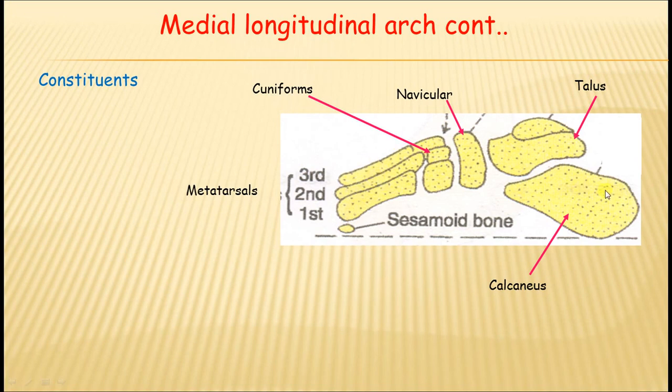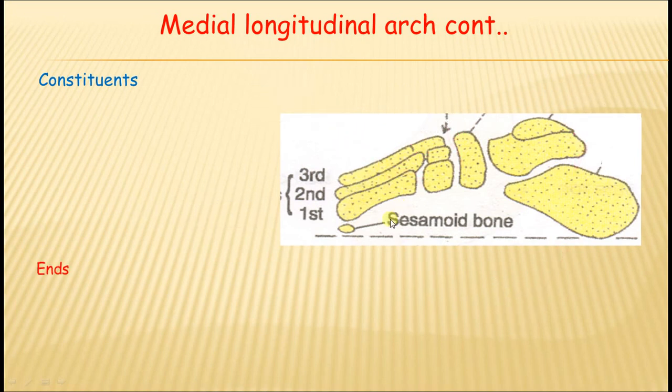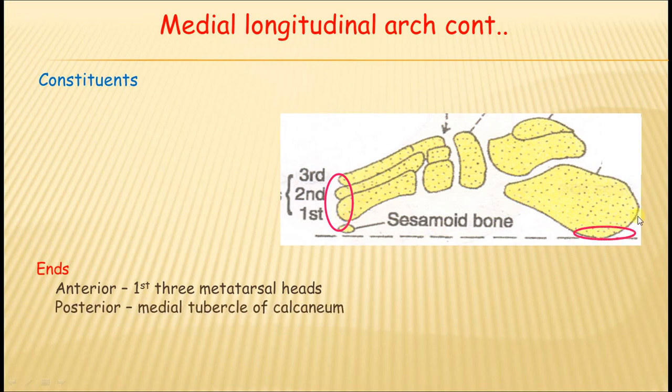So the bones forming the arch are the talus, calcaneum, navicular, three cuneiforms, and the medial or first three metatarsals. The ends, the anterior and posterior pillars of the arch, are mainly formed as follows: the anterior pillar by the medial three metatarsals, and posteriorly by the medial tubercle of the calcaneum.